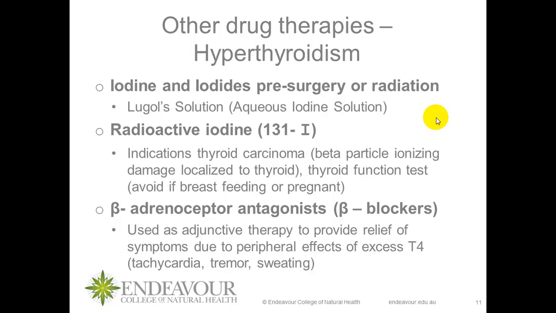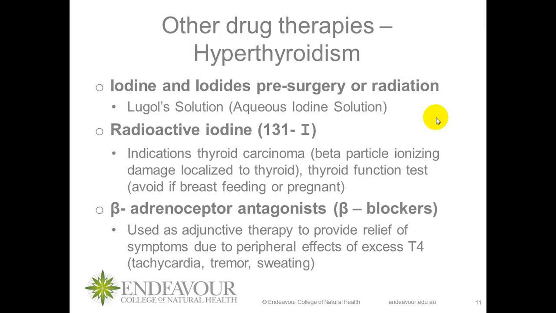Now, one last drug class that you'll see used in hyperthyroidism are the beta-adrenoreceptor antagonists. Remember those? They were known quite commonly as the beta blockers. These are not used to treat the person's cause of their hyperthyroidism. This merely treats the symptoms.